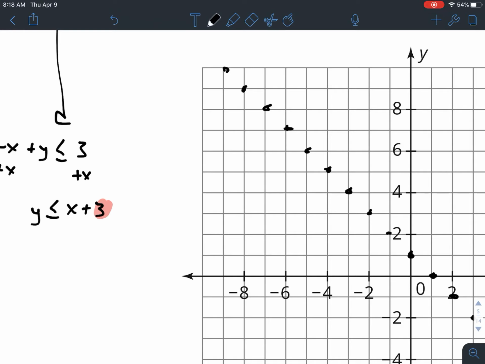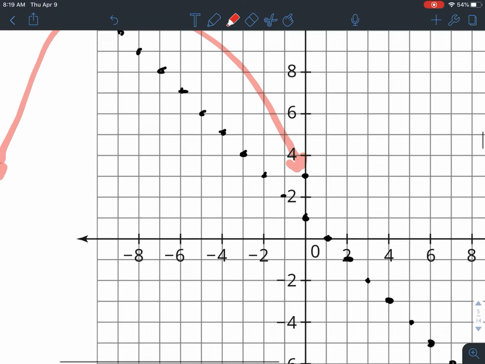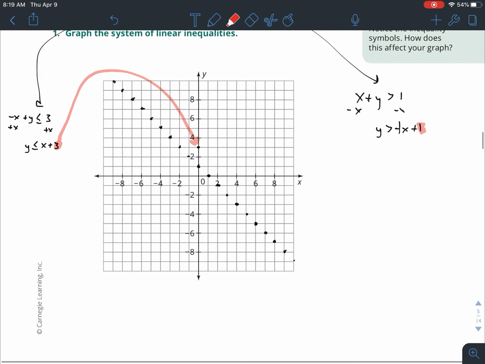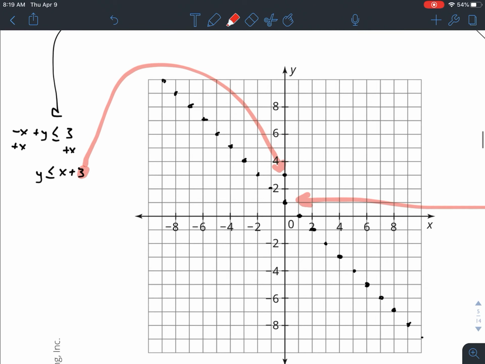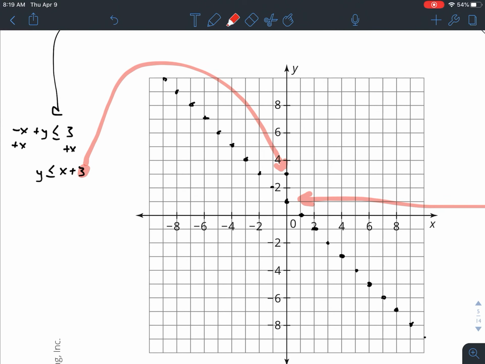But we have to start on 3 first. Our 3 is our starting point, just like our 1 was our starting point. You don't need to do the color arrows like that, because I'm going to shade things in. I just did that so you guys can see why I'm putting those dots there.